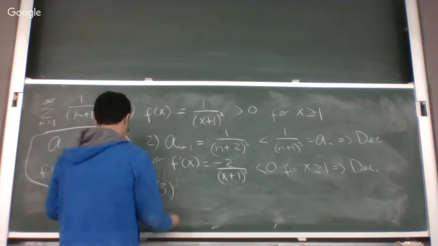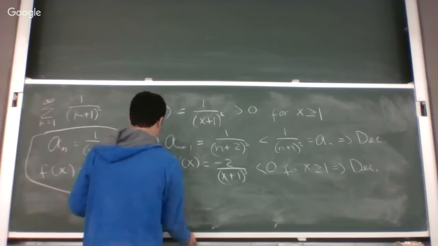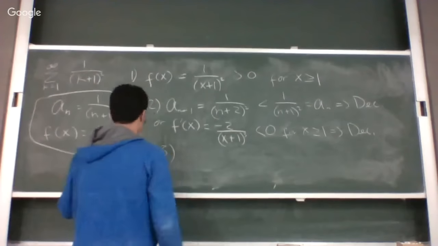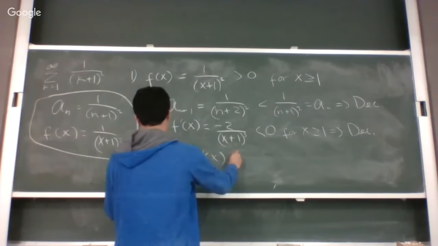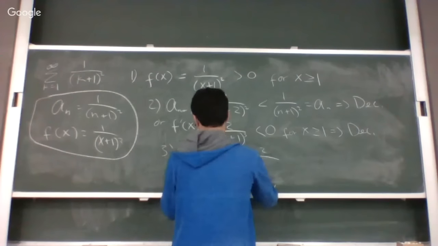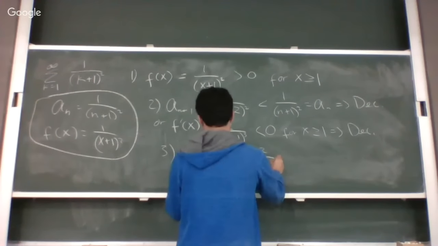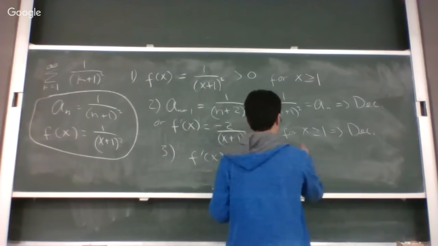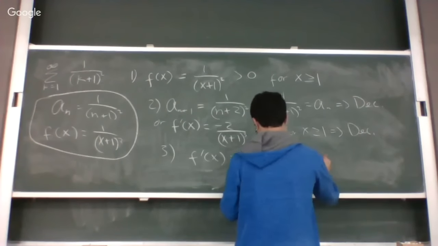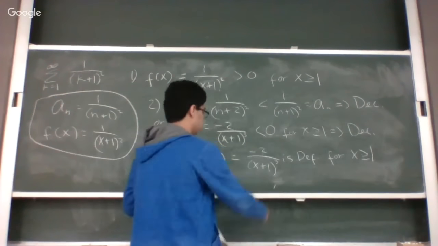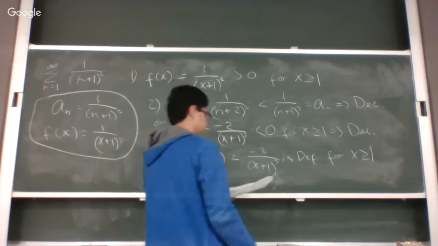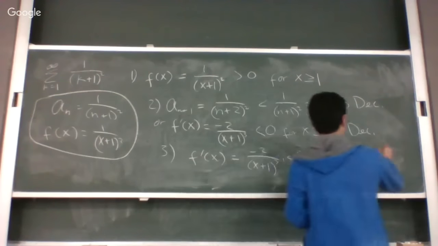And the last part is we need to show that it's continuous. So we can say f prime of x is equal to negative 2 divided by x plus 1 cubed is defined for x greater than or equal to 1, because we don't get an undefined term or anything, so there is no conflict.